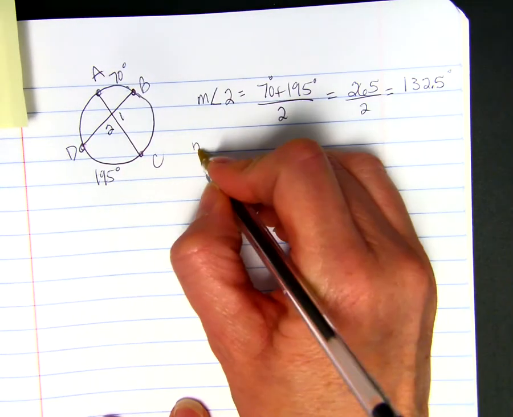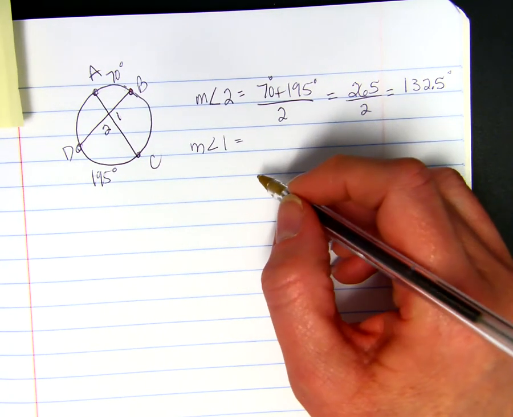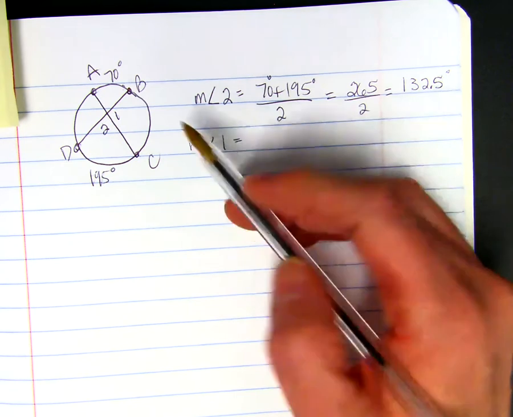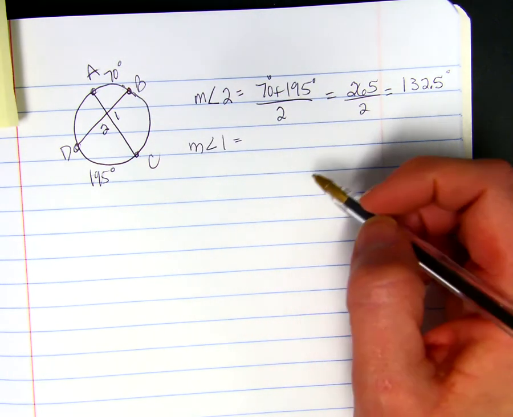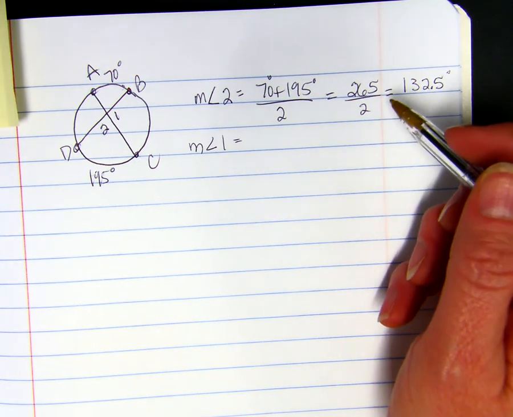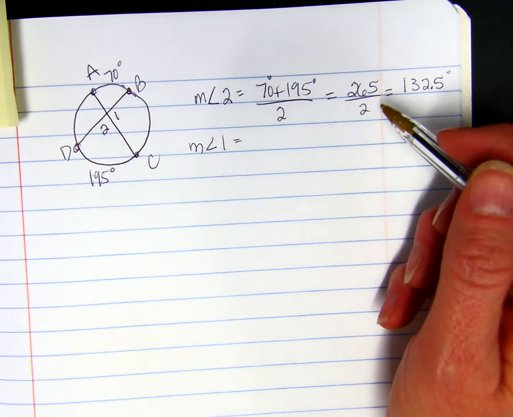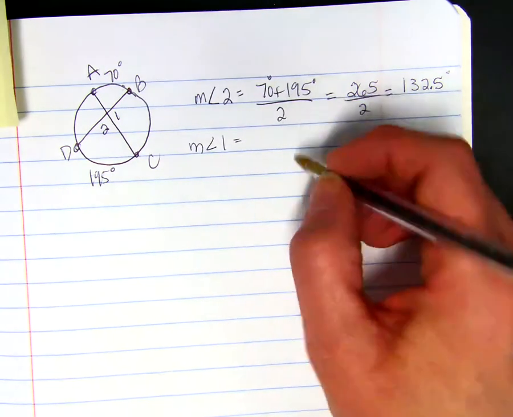So then the measure of angle 1 equals 180 subtract 132.5, because this makes a straight line. You could do that.